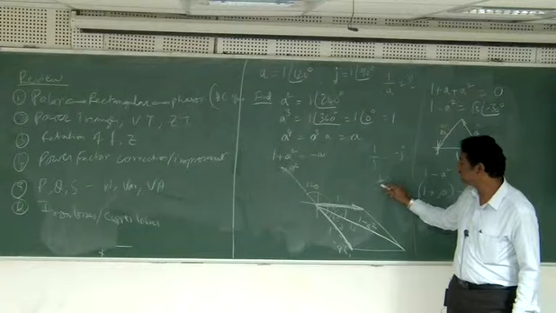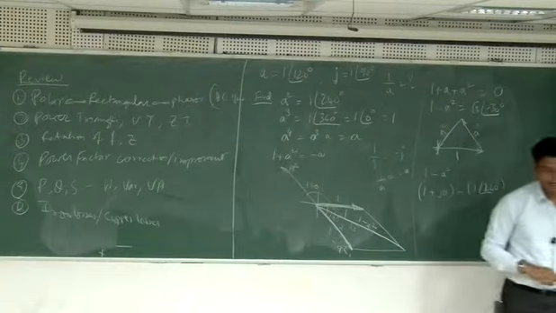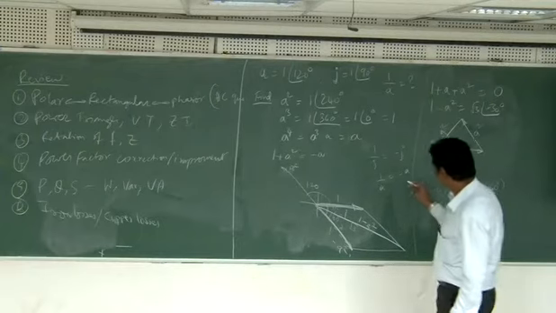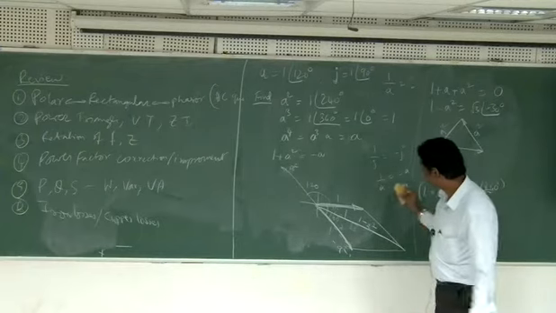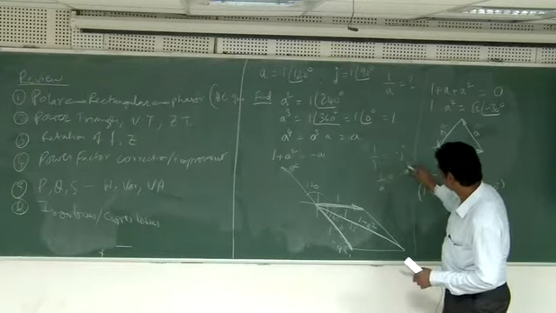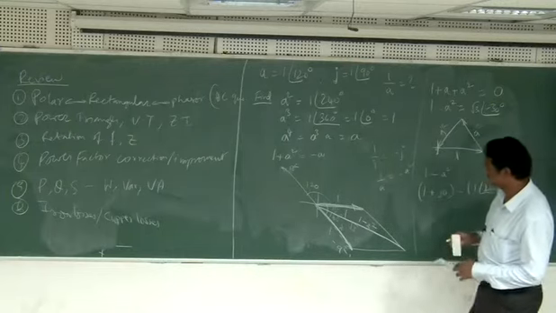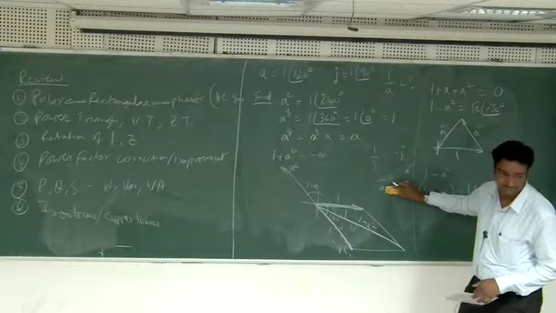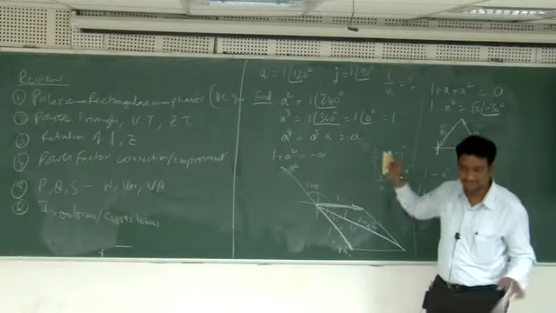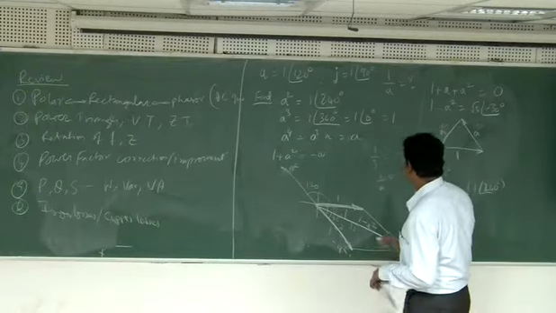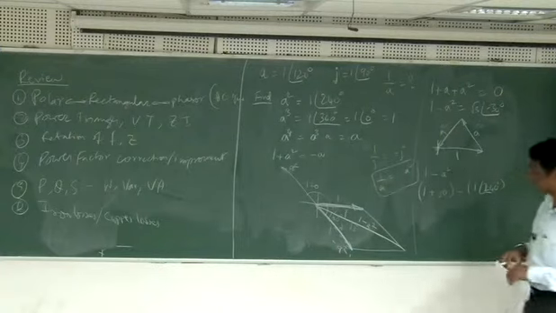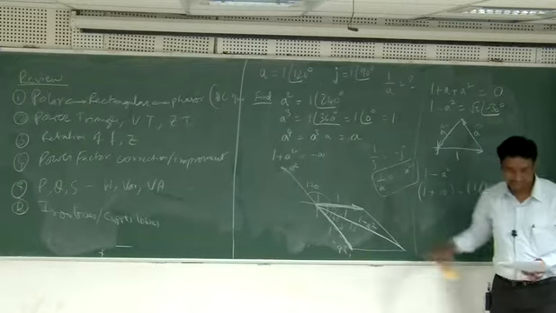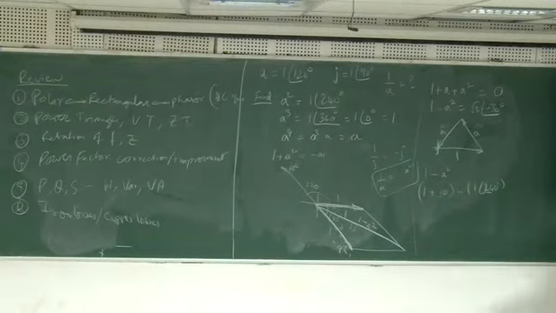Similarly, 1 by A is minus A square, since going back one time is equal to going forward 2 times in rotation. Yes, this is correct. 1 by A is A square, so A cube is 1, and 1 by A square is A.